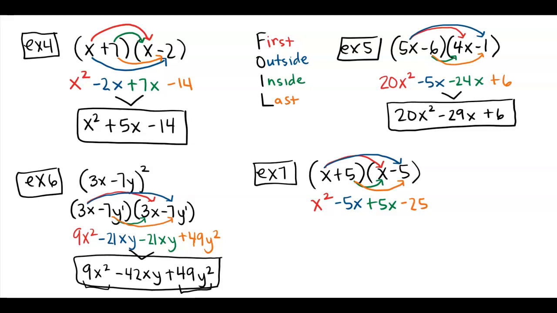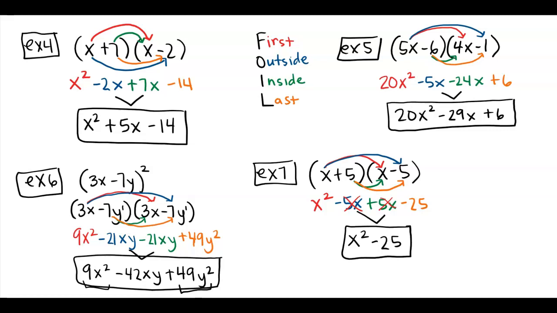Now, when I combine my middle terms, you see that these are canceling each other out. We've got a negative 5x plus a 5x, which is just 0. So these really end up going away, and we're just left with that first and last term. So x squared minus 25 would be your answer.